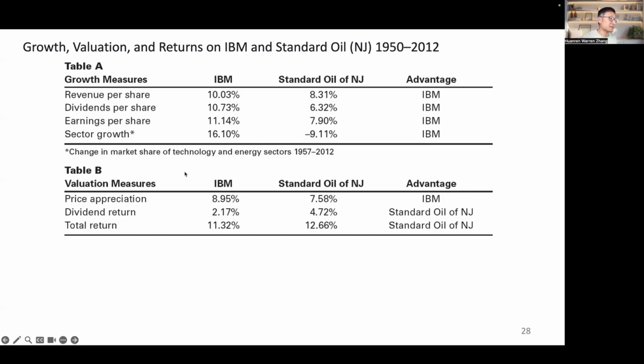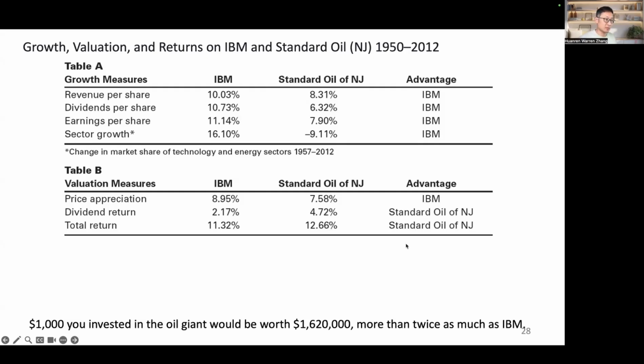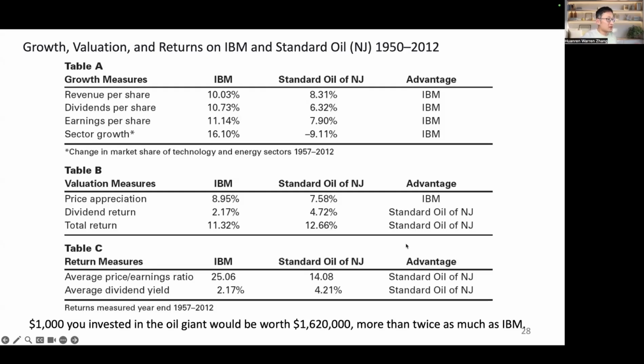Now let's look at the valuation measures. Here it includes price appreciation, dividend return, and total return. In terms of price appreciation, we observe IBM has higher growth in its price. But for dividend return and total return, Standard Oil of New Jersey outperforms. If we look at the return measures, we have a much better performance of Standard Oil, which is a value stock in terms of the PE ratio, compared to IBM, which is a growth stock.